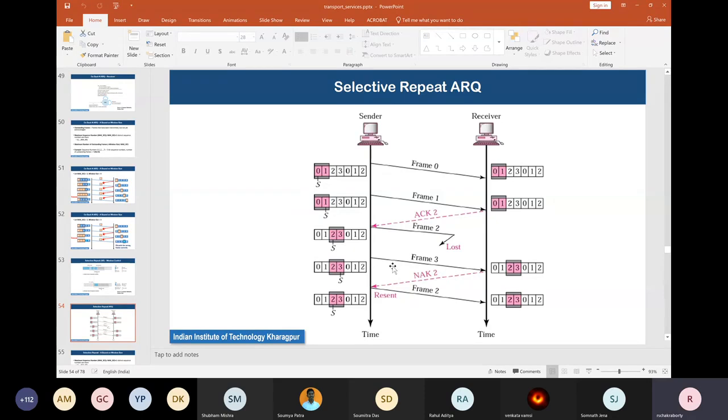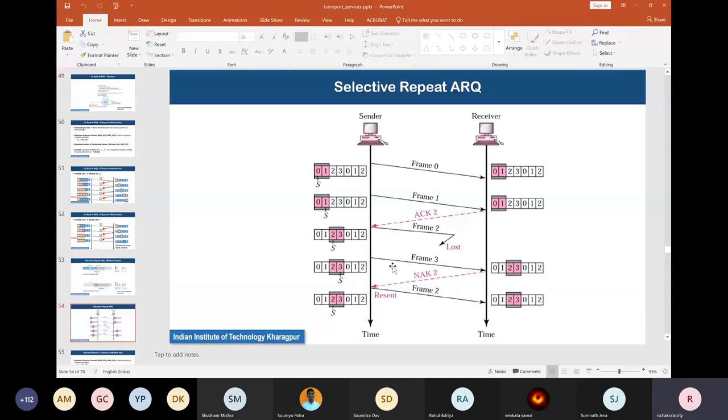This negative acknowledgement can only happen in selective repeat ARQ. It does not happen in Go-Back-N ARQ because Go-Back-N is perfectly in order. There is no question of receiving frame 3 before receiving frame 2, as happened here. The receiver will not accept frame 3 in Go-Back-N. In this case, it will receive it, and then it will send back that there is a gap in my window. Please send it to me.